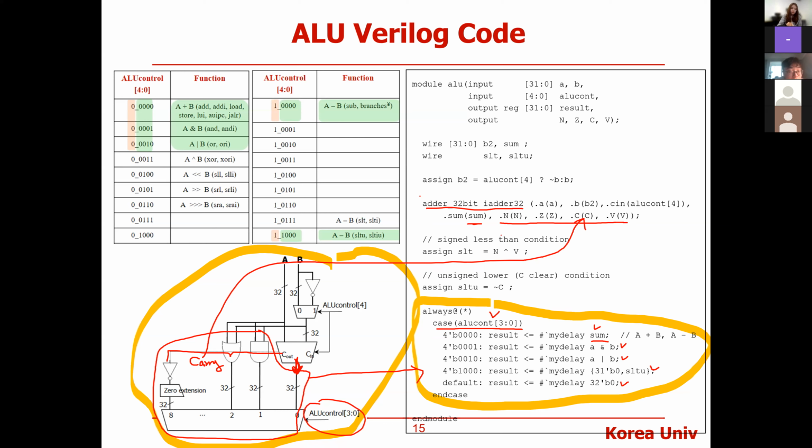So we assume the adder is there, only that adder. And then this one, what is this? This one is B or inverted B, depending on this control signal. So that is covering that part. B or inverted B. Okay.